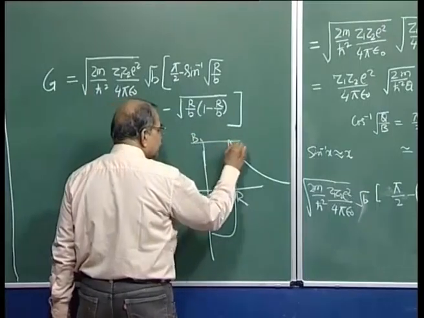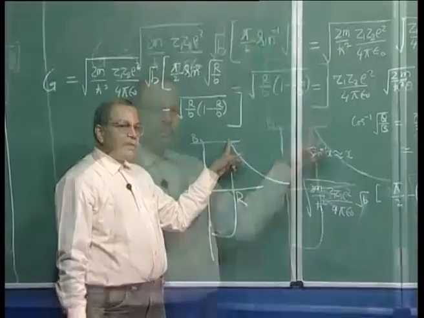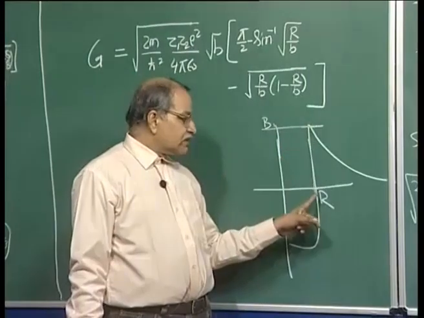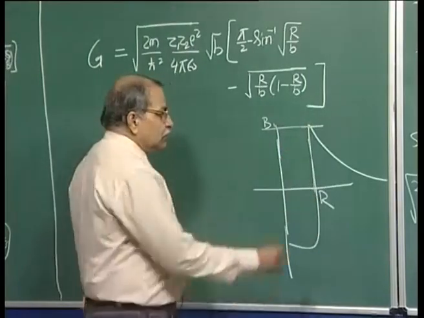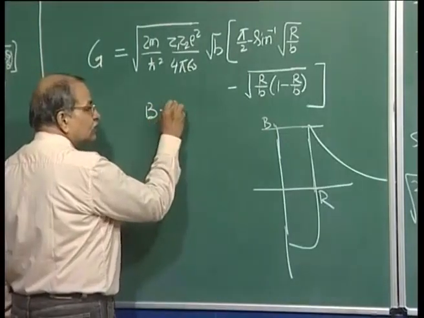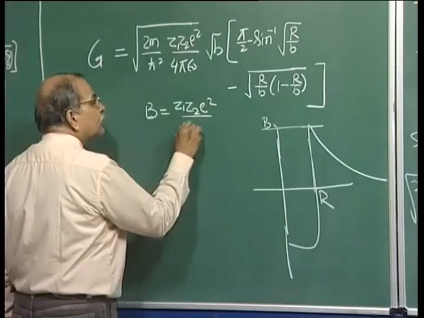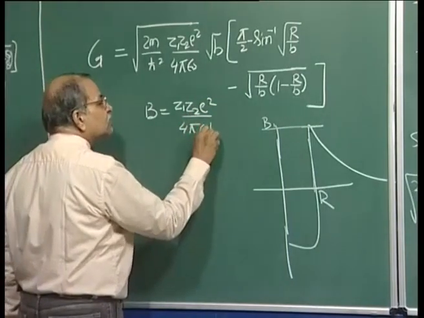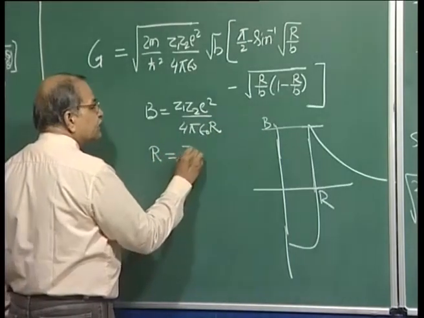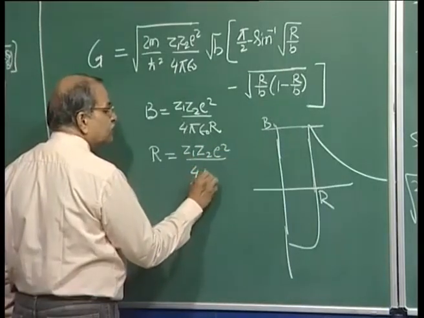B is in fact, if you look at this curve, the Coulomb potential energy of the alpha particle with the residual nucleus at this capital R. So, you can write this B as Z1 Z2 e square over 4 pi epsilon naught times capital R, or capital R is Z1 Z2 e square by 4 pi epsilon naught B.